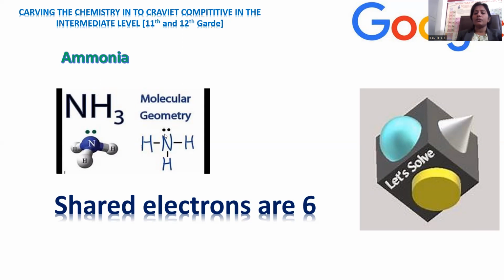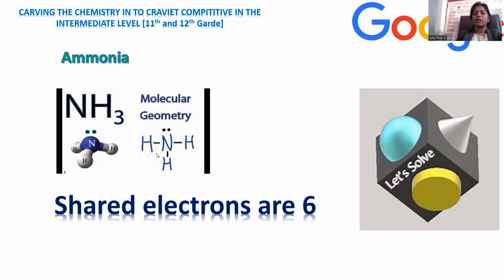Unshared electrons are 2. So here is the distinction, the separation between the shared and unshared electrons. These 2 electrons are not participating in any bond formation, and they belong purely to nitrogen. So we can say these are non-bonding electrons.